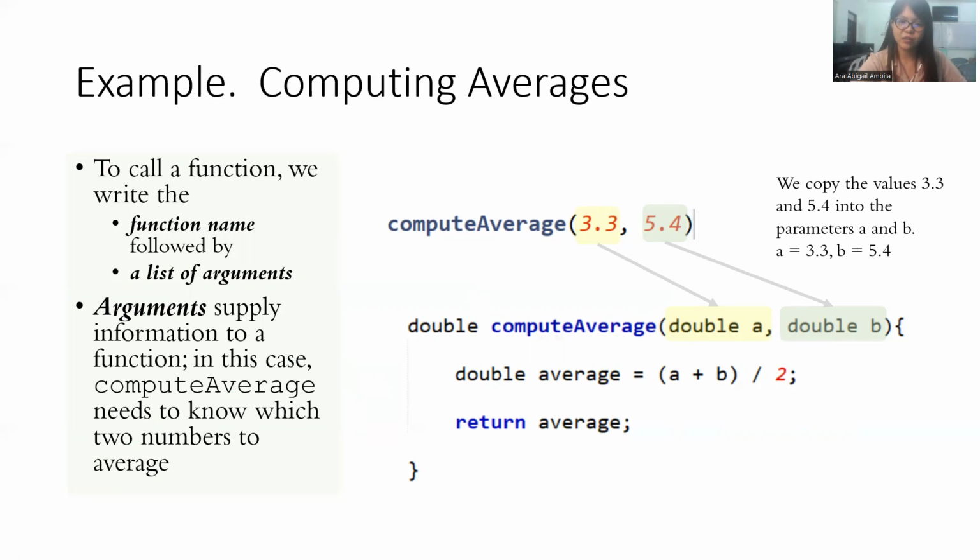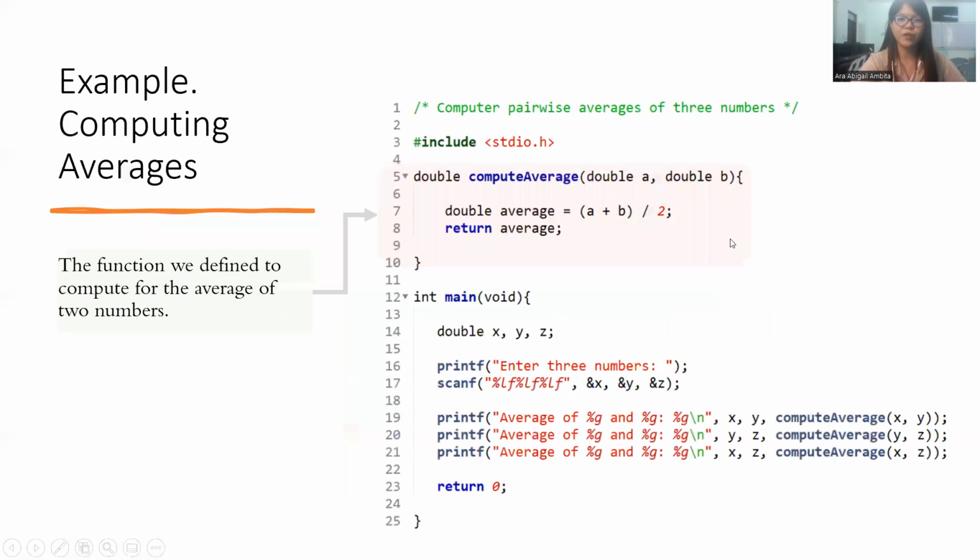For example, 3.3 and 5.4. These will be mapped to the parameters that we have set. So we copy the values 3.3 and 5.4 into the parameters A and B. Now your A will be 3.3 and your B will be 5.4.